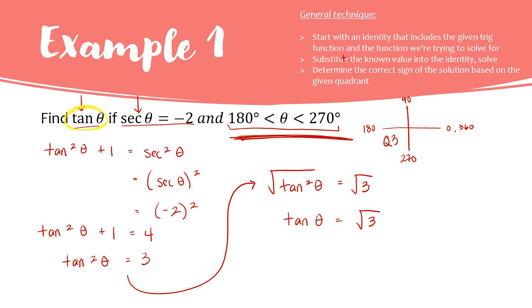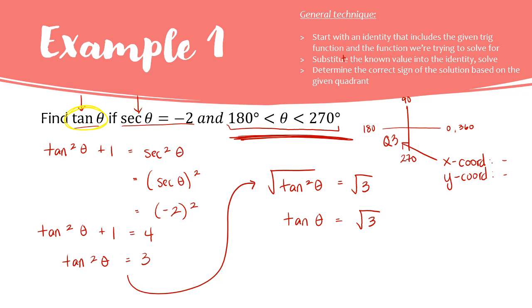So if that's the case, is tangent positive or negative in that particular quadrant? Well, x and y coordinates in quadrant 3, are they positive or negative? They are both negative.